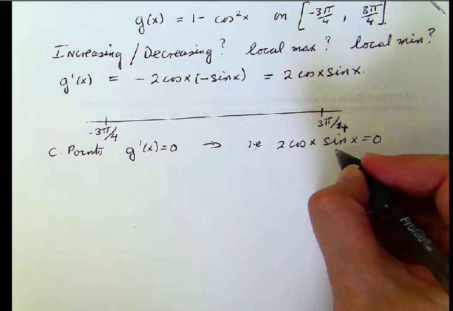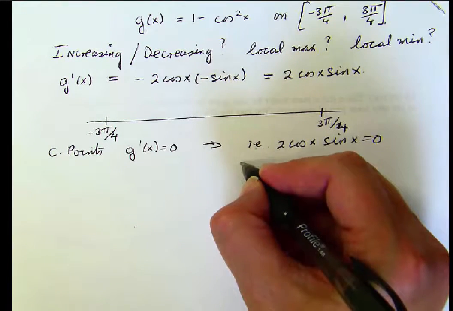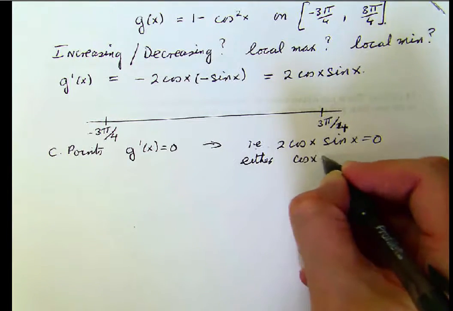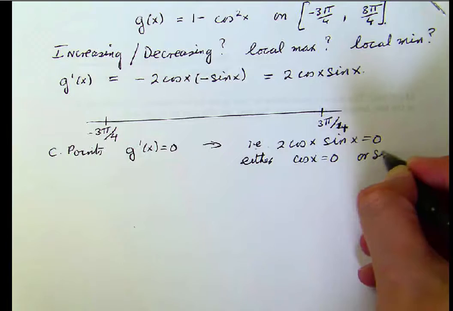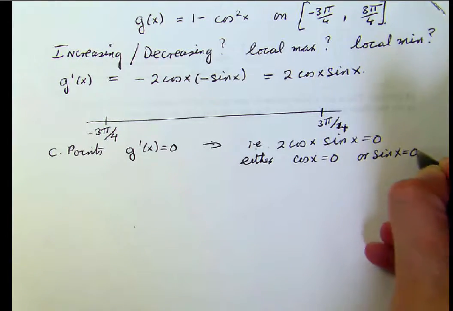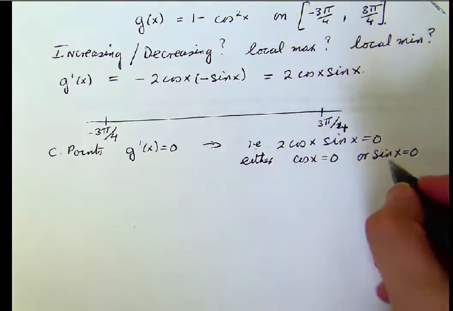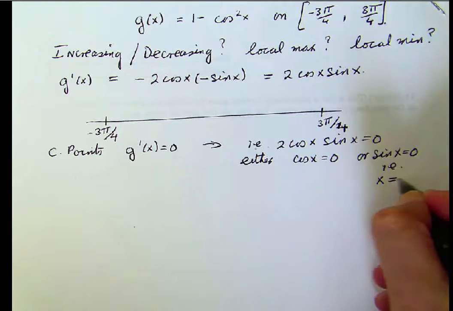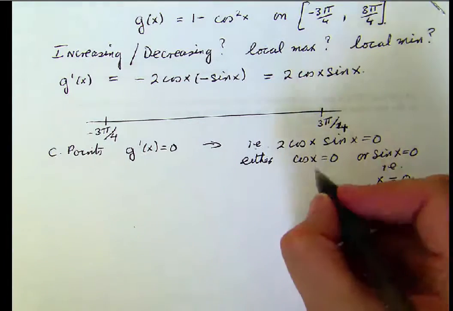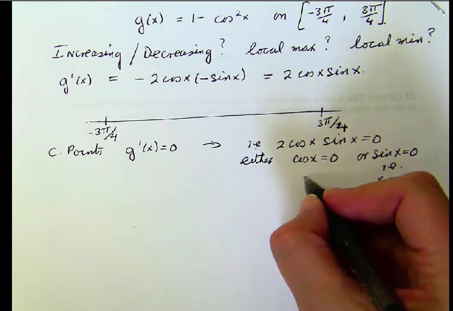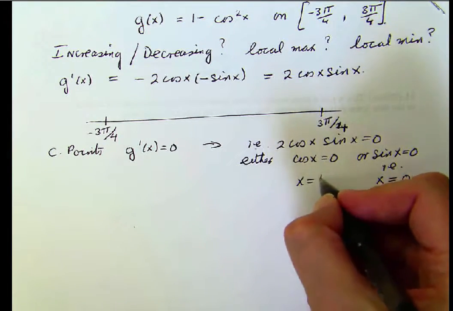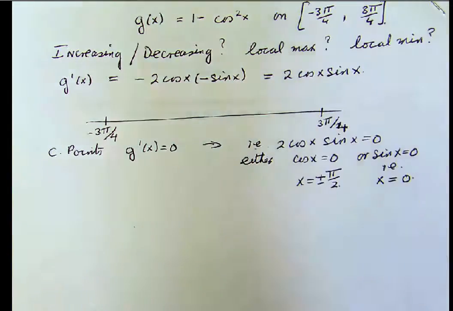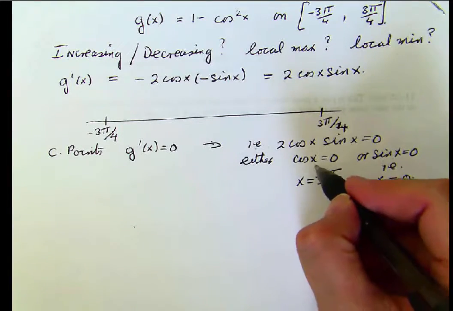And this happens if either cosine of x equals 0 in this interval or sine of x equals 0. And we know that in this interval, sine of x equals 0 if x equals 0, and cosine of x equals 0 if x equals plus or minus pi over 2. So these are our critical points.